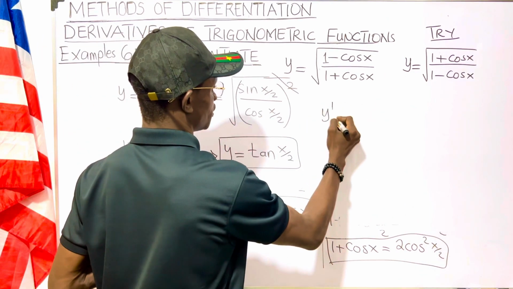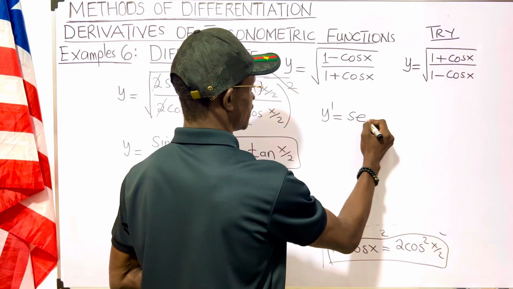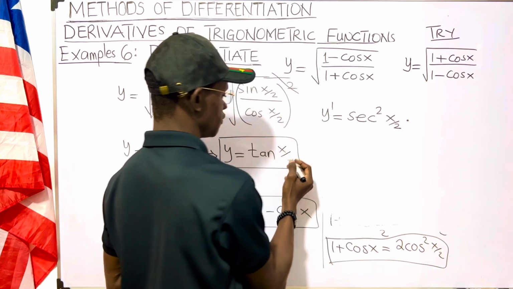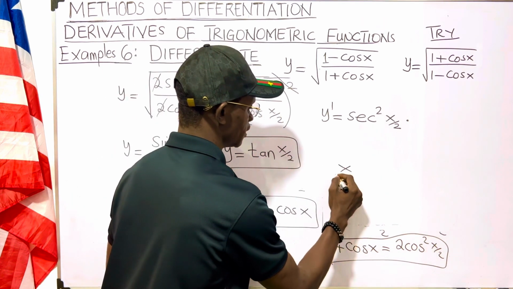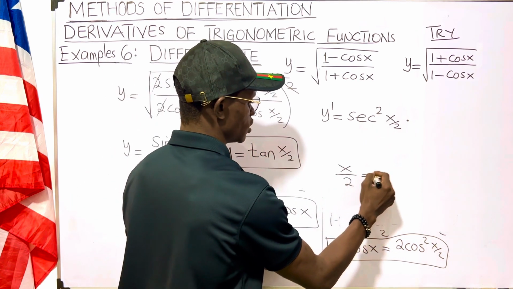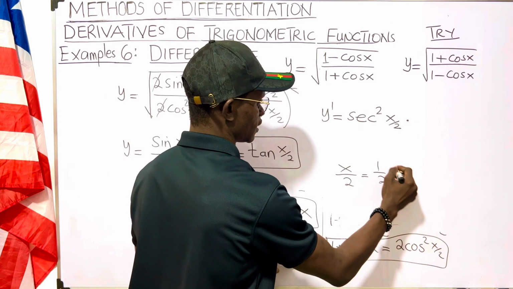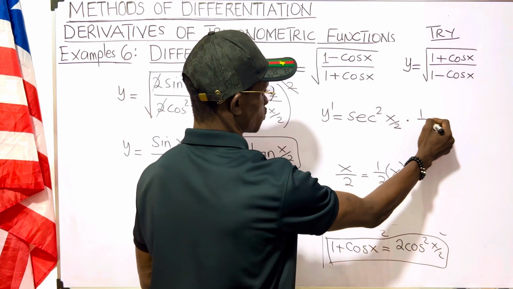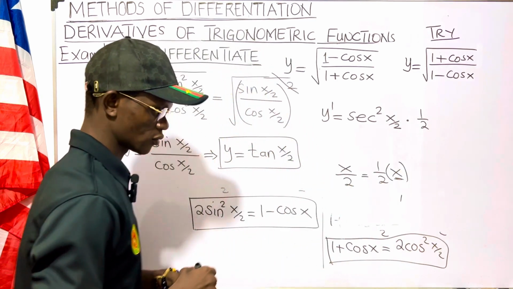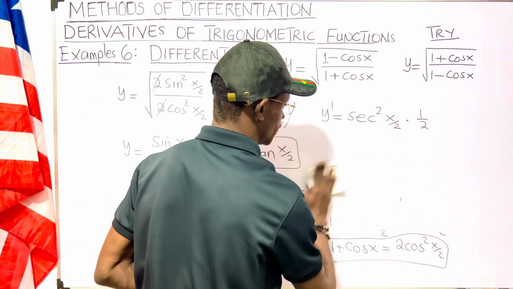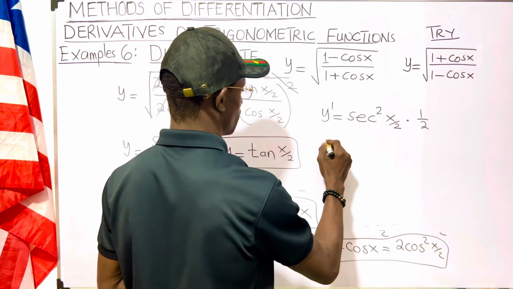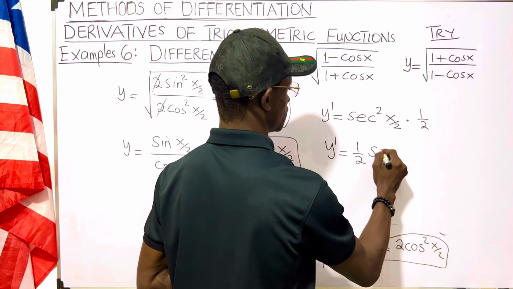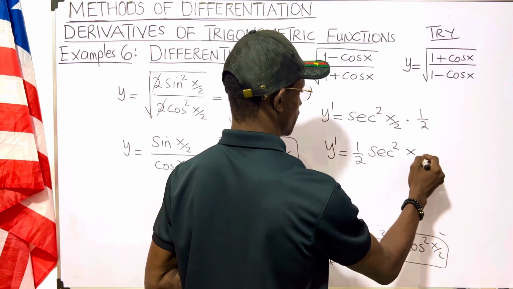So y prime equals secant square x over 2 times the derivative of the angle. So remember the angle is x over 2, which is 1 over 2 and x. So the derivative of x is just 1. So it means this is just 1 over 2. So what do we get finally? We get y prime to just be equal to 1 over 2 secant square x over 2.